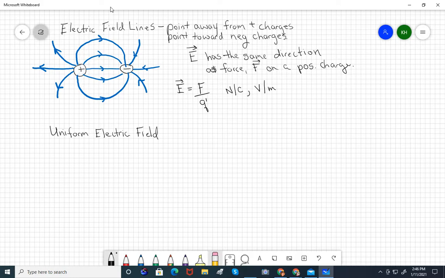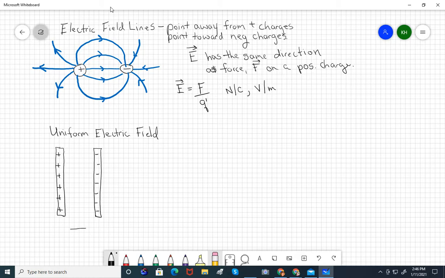Most uniform electric fields are made using two parallel plates. One of the plates will be positively charged, and one negative. I should probably draw these on the opposite side sometimes, just to make it interesting. Usually you can accomplish that just by connecting them to, say, a battery.